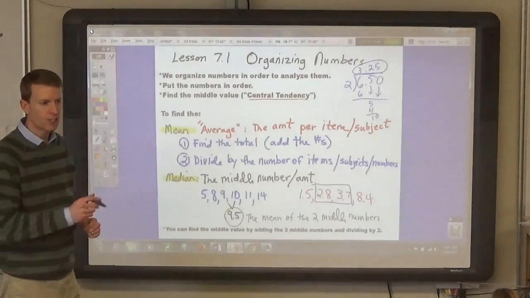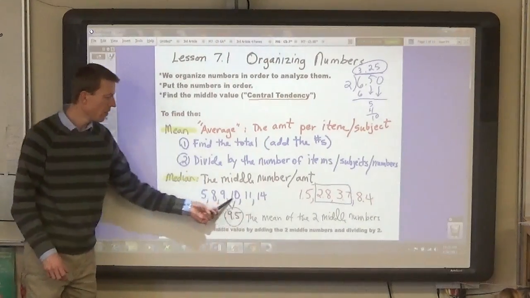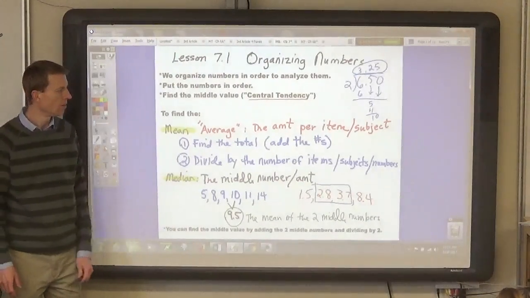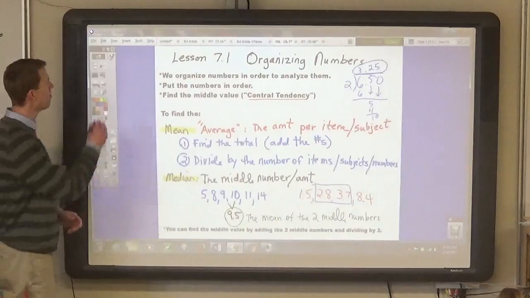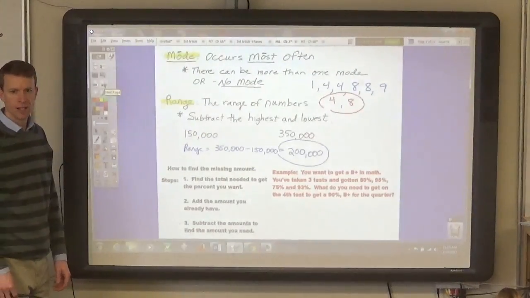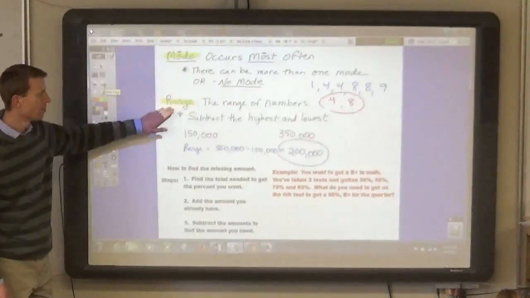So then you would write as your answer, no mode. How about in this set? Is there a mode in this set? Nope, none of the numbers repeat again. Okay? Any questions on mode?